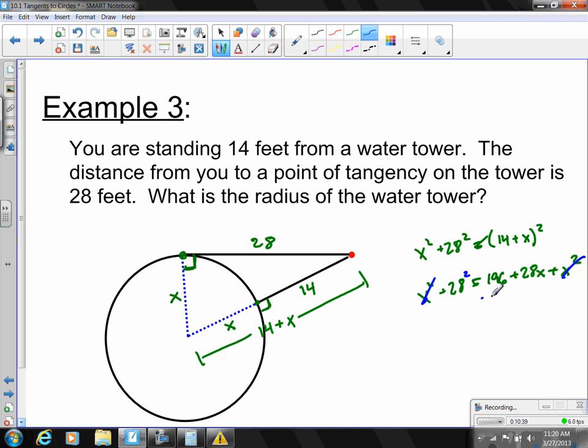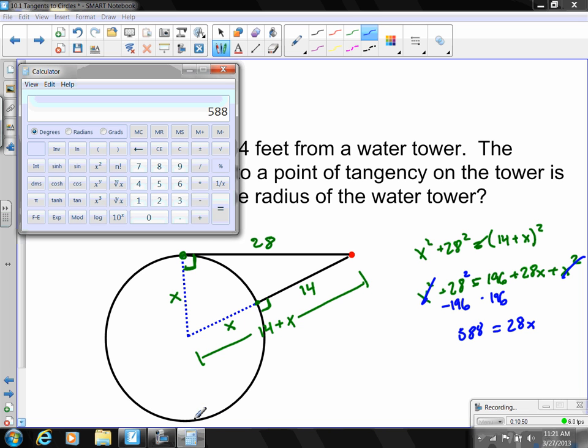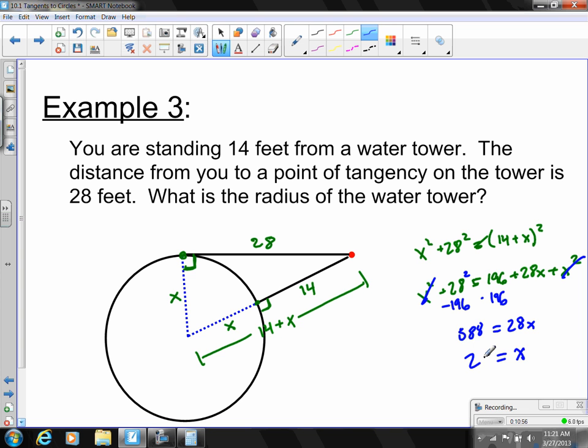So I subtracted 196 from both sides, and I got 588 equals 28x. So I need to take that answer and divide it by 28. X equals 21. So the radius of this circle is 21 feet.